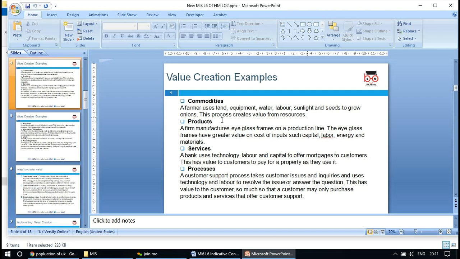Then processes could be, for example, the inquiry system or the customer services implemented using the technology would still be helpful.